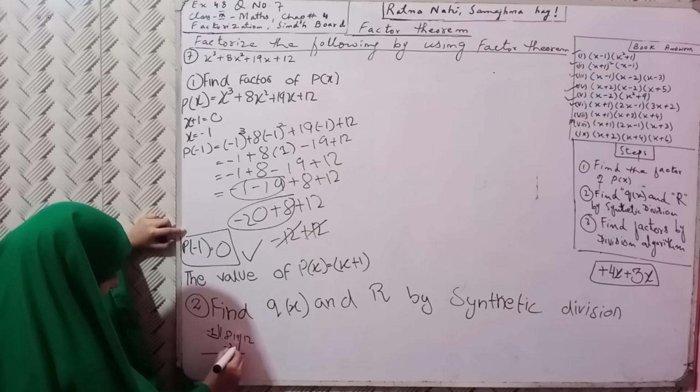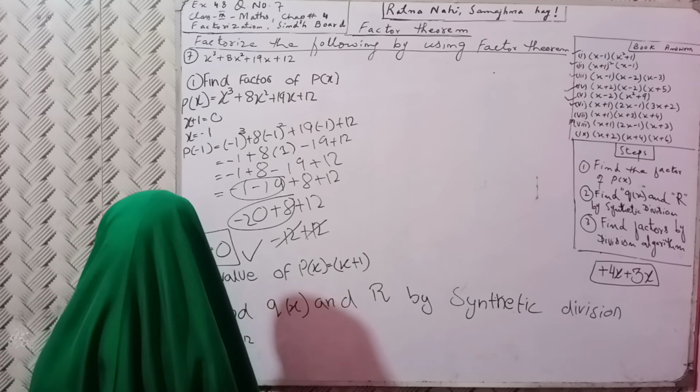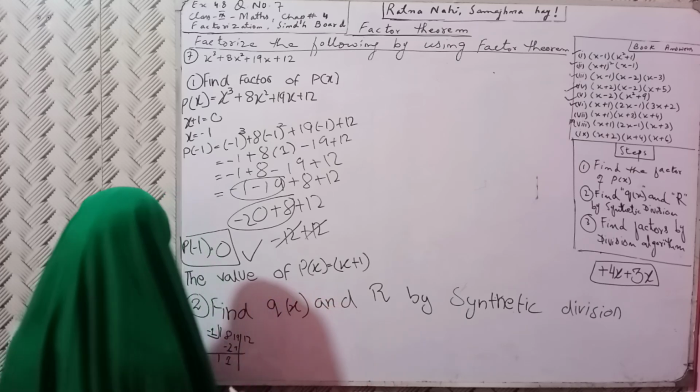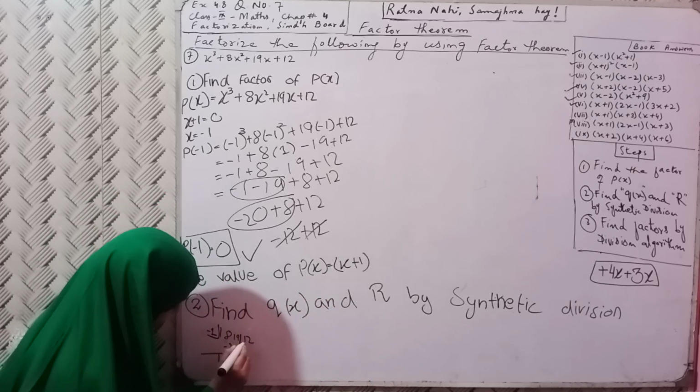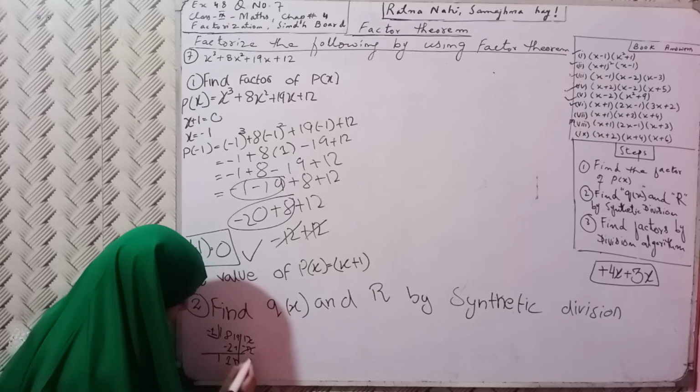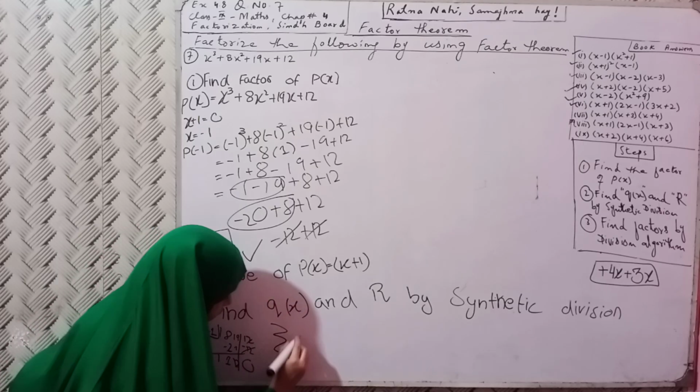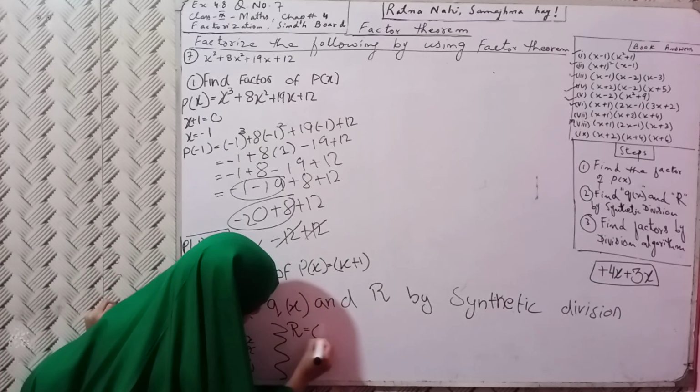Minus 1 times 7 is minus 7, 19 minus 7 is 12. Minus 1 times 12 is minus 12, and the answer becomes 0. So the remainder is equal to 0.